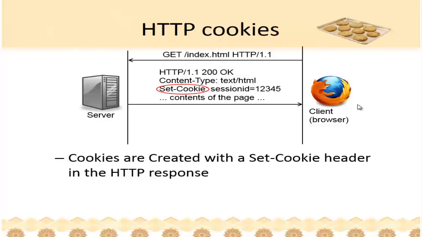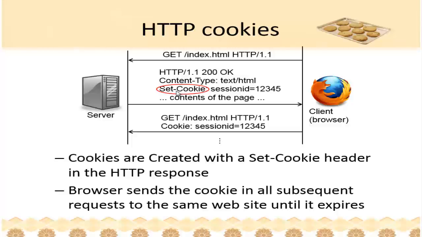The cookie is done using Set-Cookie, which is an attribute of the HTTP protocol, and most programming languages use a function with the same name, setcookie, to set the cookie. And because it is sent in the header, you must make sure that no other output is sent before the cookie is sent towards the client.